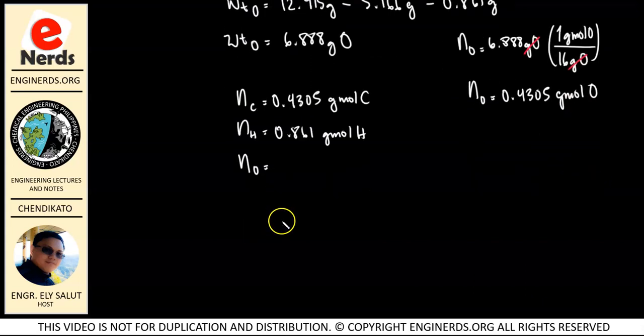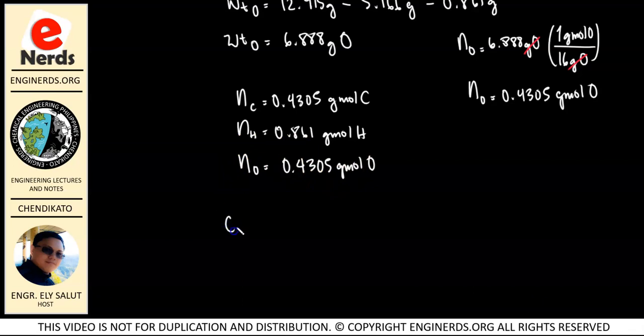So, ano yung pinakamababang value natin dito sa tatlong component natin? We have 0.4305. So, we have to divide everything into this value.